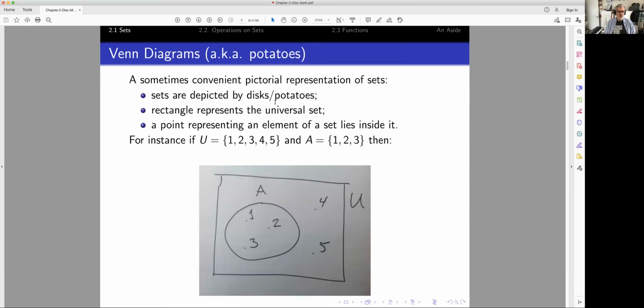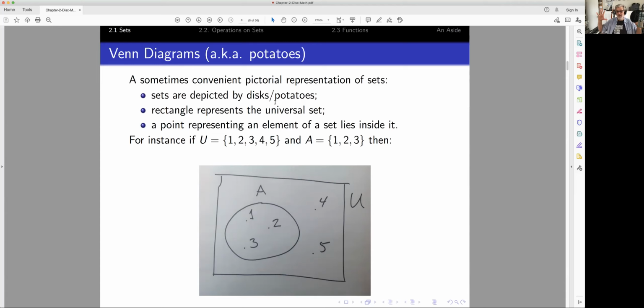Okay, Venn diagrams, also known as potato diagrams. We draw potatoes. So this is not formal math. This is just a way for us to visualize sets, which is useful. We represent sets by drawing discs or potatoes.